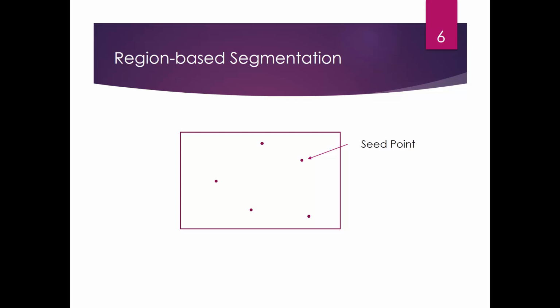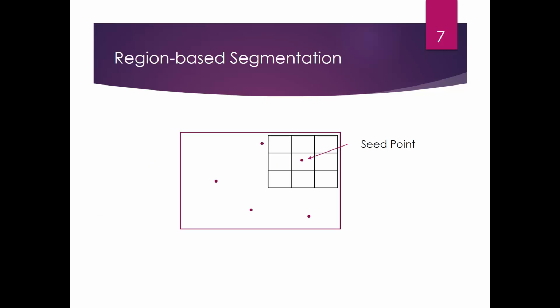The seed points are generally provided by the user. A good seed point can be drawn from the peak of the object histogram. Region growing starts from the seed points and tries to grow the region by incorporating the points which are similar to the seed point.